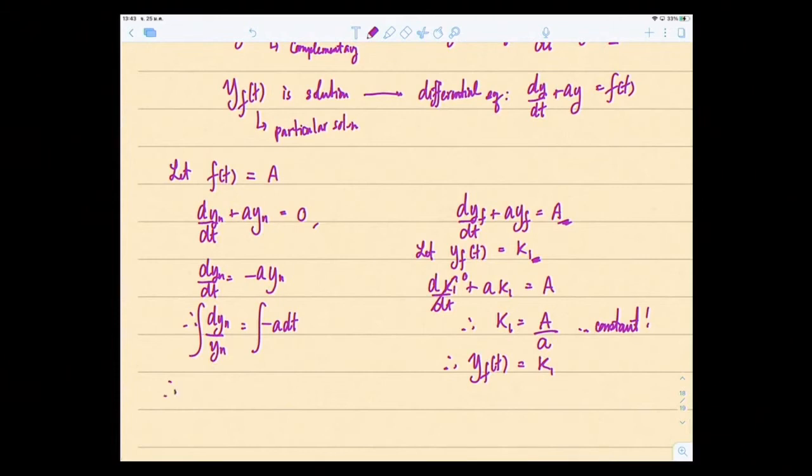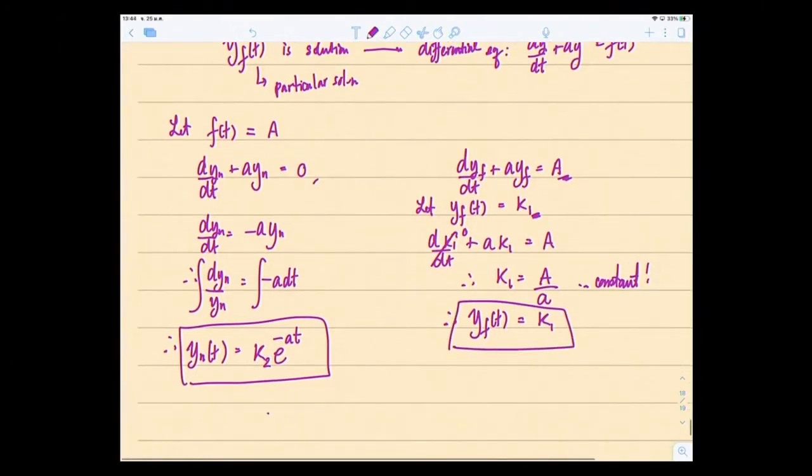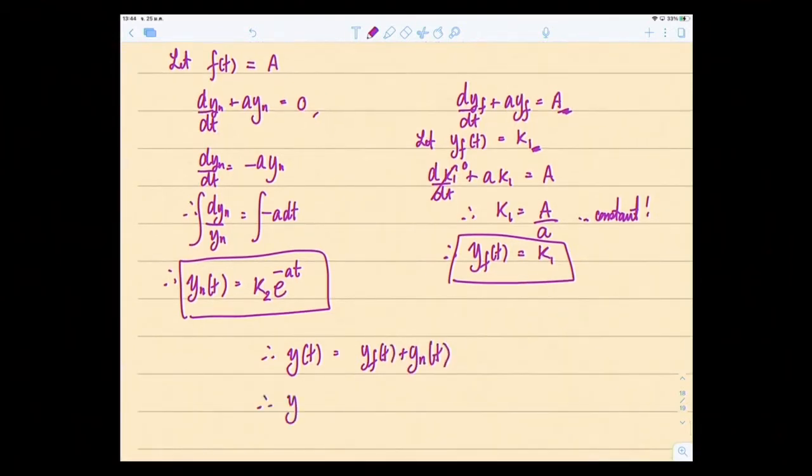You get yn(t) equal to some constant k2 e to the minus at. So this is your yn and this is your yf. Your final solution consists of the sum of both: y(t) equal to k1 plus k2 e to the minus at. This is the general solution.